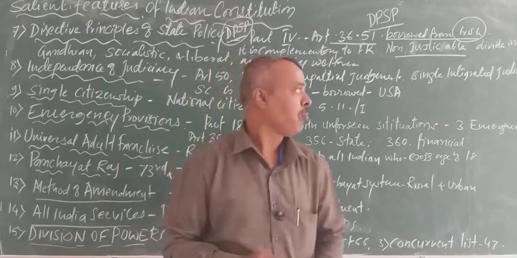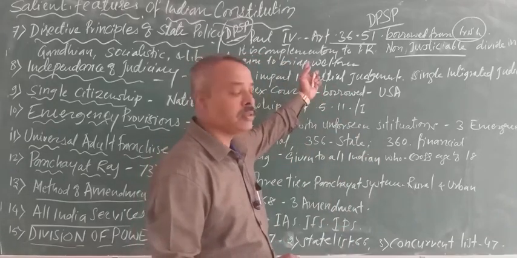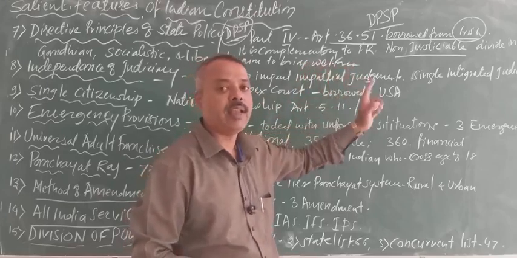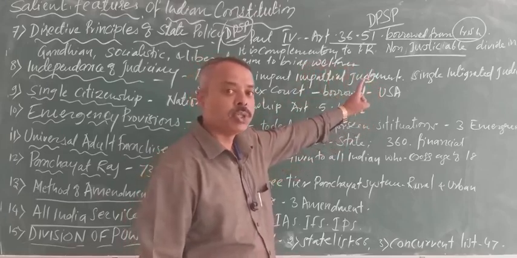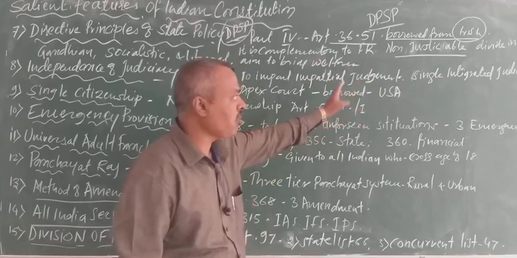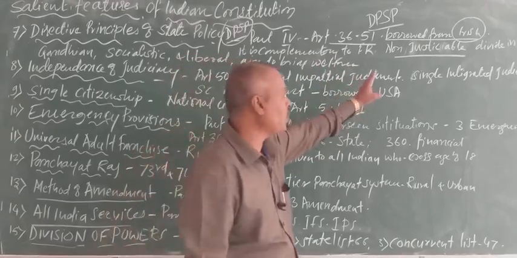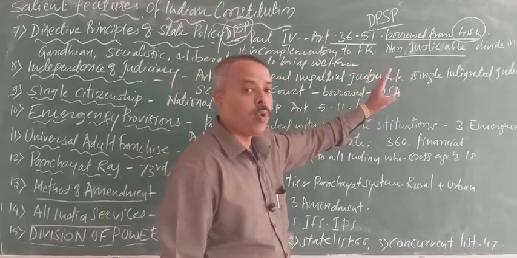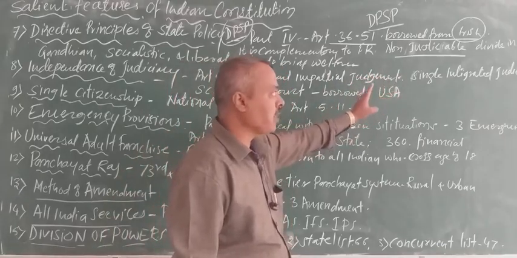But these directive principles are only guidelines given by the constitution to the government in existence. So they are non-justiciable. For non-completion of these, you cannot move to the court or claim them as rights.